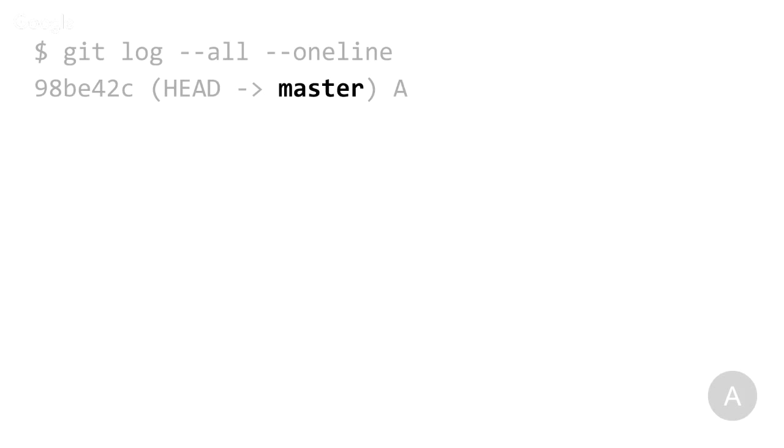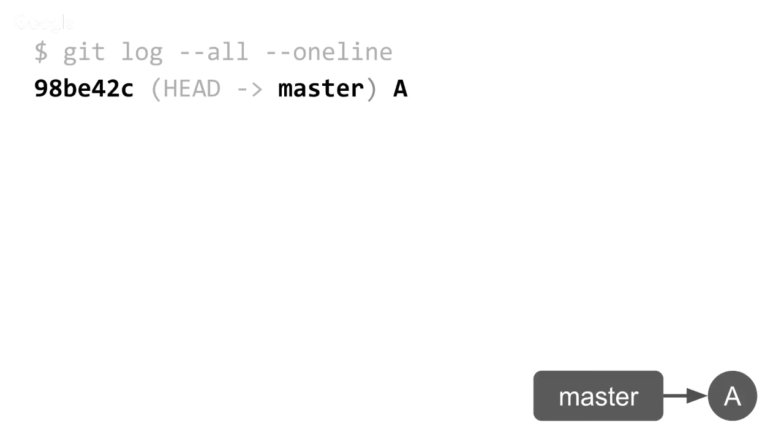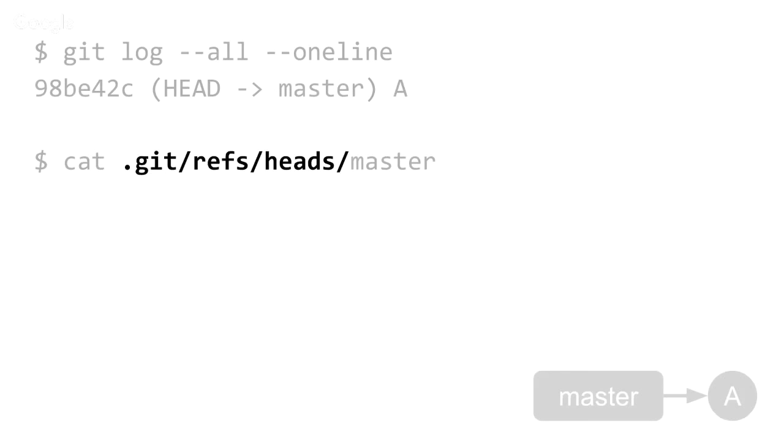We also see this master, and we know that this is actually the branch master. Let's add it to the graph, and master happens to be on the same line as the A commit in the git log output. So that means master points to commit A. That's represented on the graph.